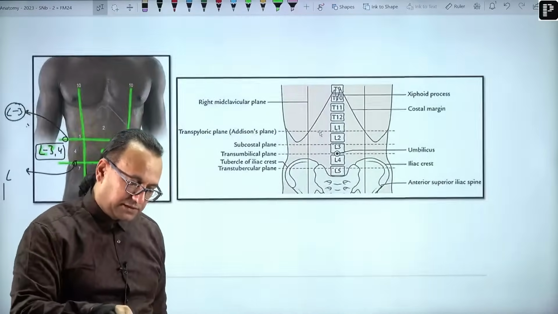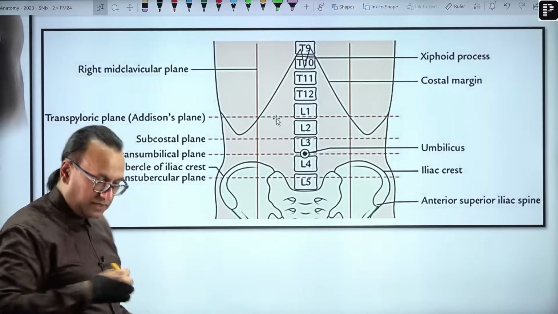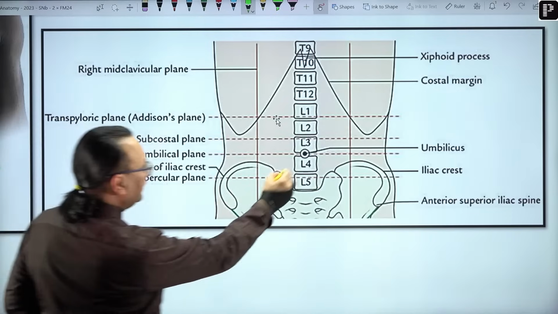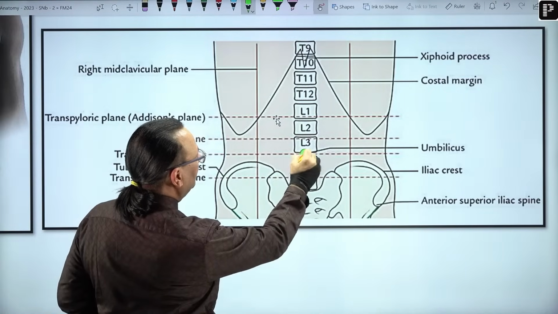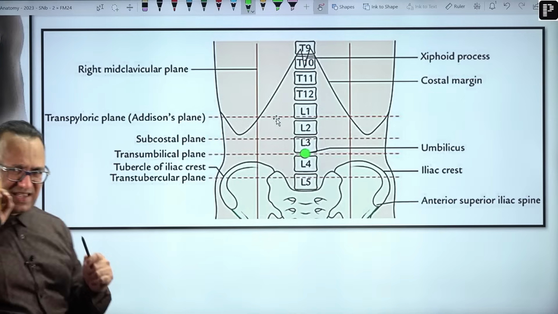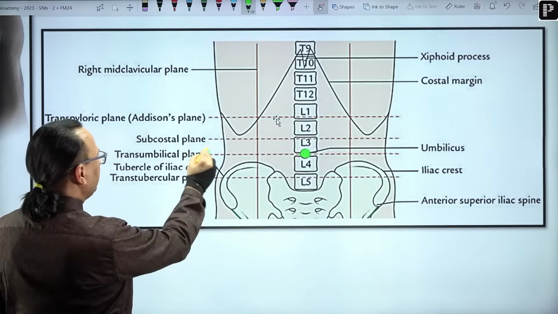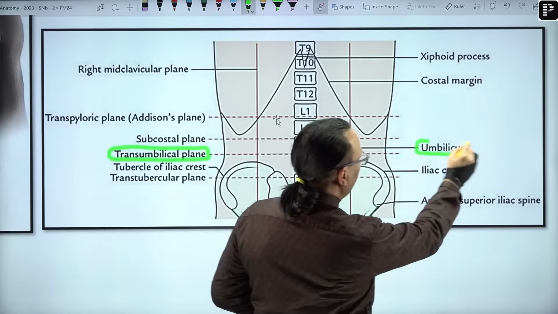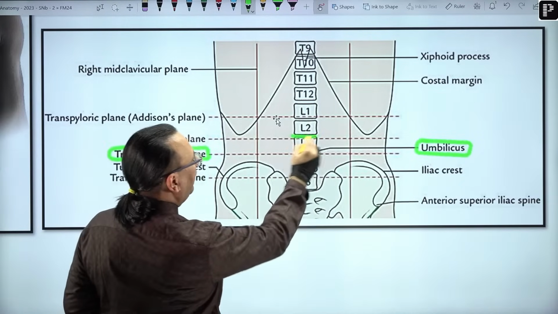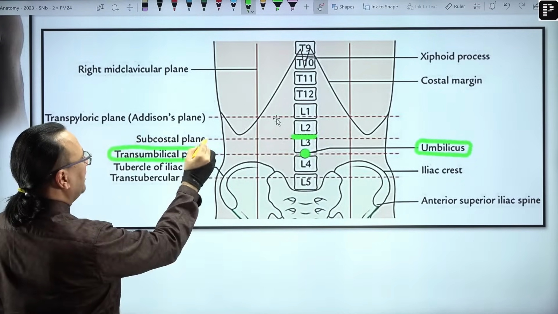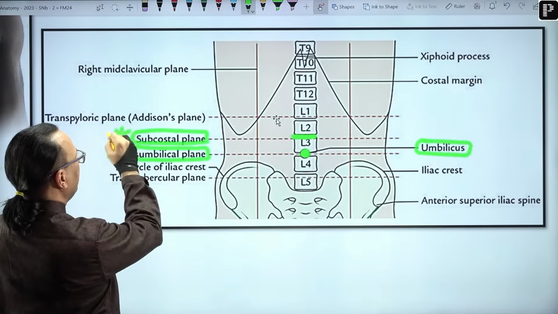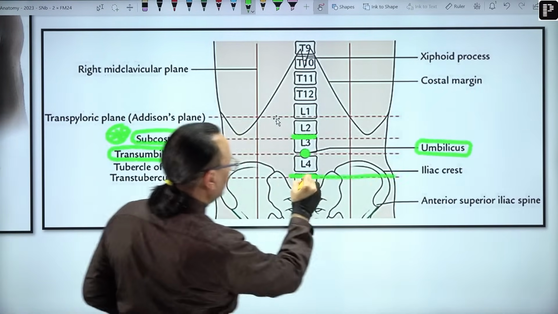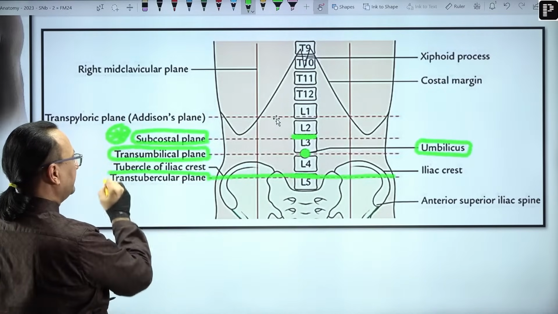See, it is the comparative diagram, because you know our memory is photographic, so it is always better to use the appropriate diagrams. So this is transumbilical plane, which is disc between L3, 4, that is umbilicus. Now if you go higher to that, upper border of L3, it is the subcostal plane, which the examiner has asked you, and if you go lower, it is L5 upper border, which is transtubercular plane.